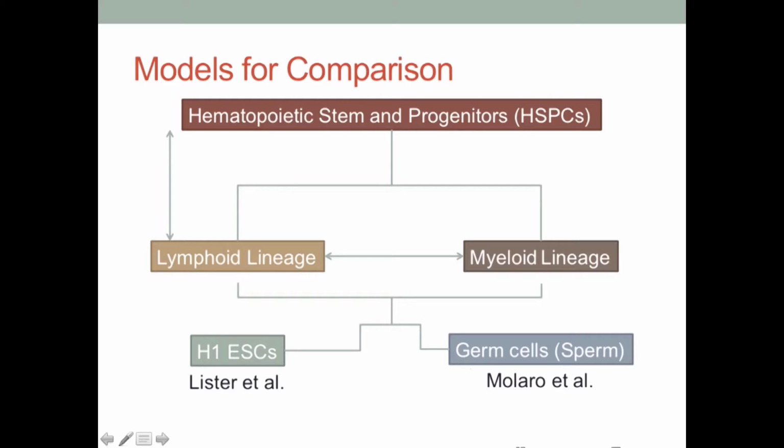What species were you studying? Human. This is all human. And you're defining the HSCs as CD34 positive? CD34 positive, yes. Lineage marker negative, and CD34 positive. So that's why I'm calling them stem and progenitor, because it's not a pure population of long-term self-renewing HSCs.